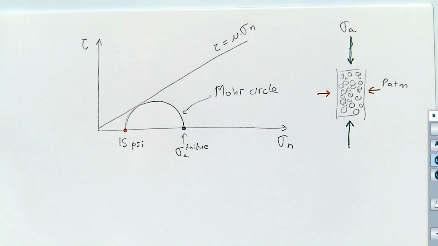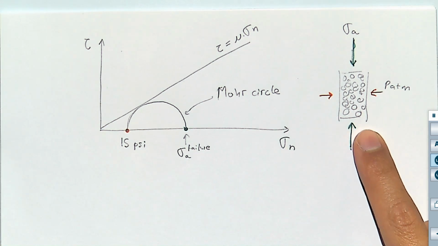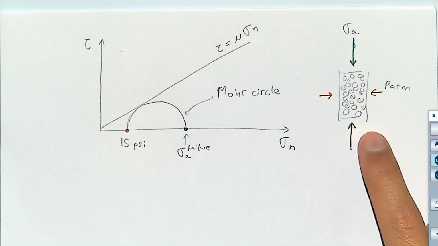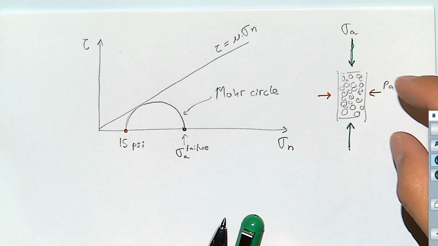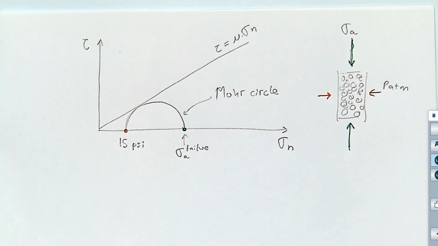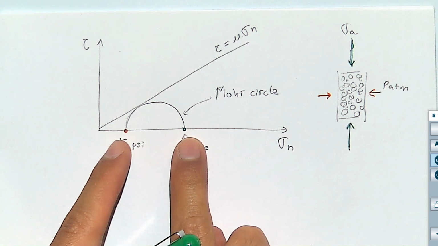You remember the discussion that we had about principal stresses? We said that a principal stress is a principal stress whenever there are no shear stresses applied on that plane. And this is the case. There are no shear stresses applied on either this surface or the top and the bottom. And therefore, those are principal stresses.